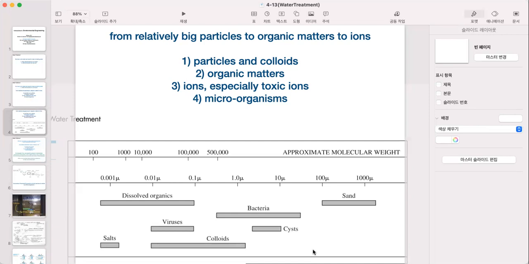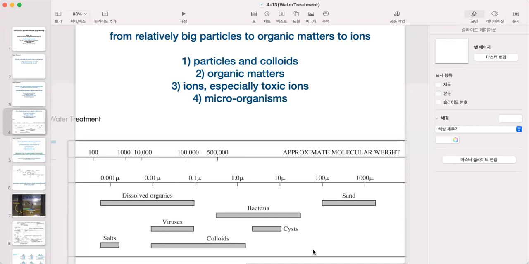How about the 초미세먼지, the super fine particle? 2.5 in Korea, 1 in the US.